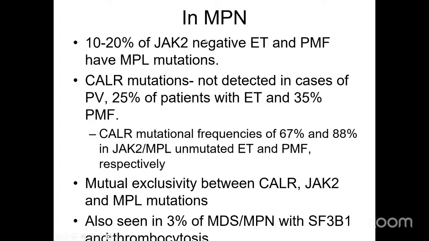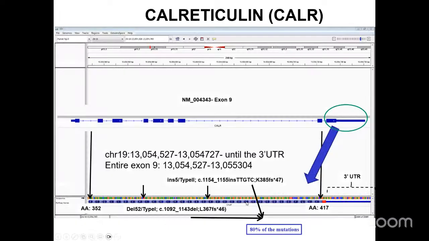Then we went over the other myeloproliferative neoplasms. A subset of them will be JAK2 negative, and you should test for CALR mutations in those, and MPL. This is a schematic diagram showing exon 9 of CALR. Just finding the CALR mutation is not enough.